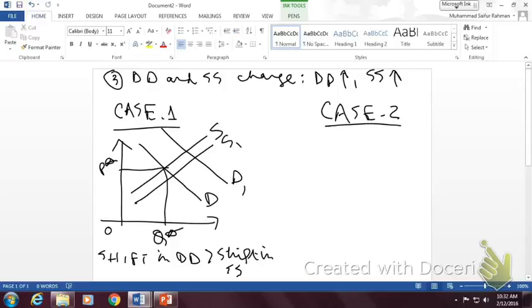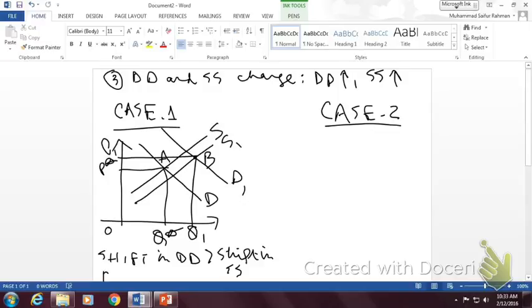Do you all see that? The amount of shift our demand curve has made is quite large compared to the amount of shift our supply has made. What this will do is that we are now going to have equilibrium at the intersection between the new supply curve and the new demand curve. So A is the original equilibrium, B is the new equilibrium.